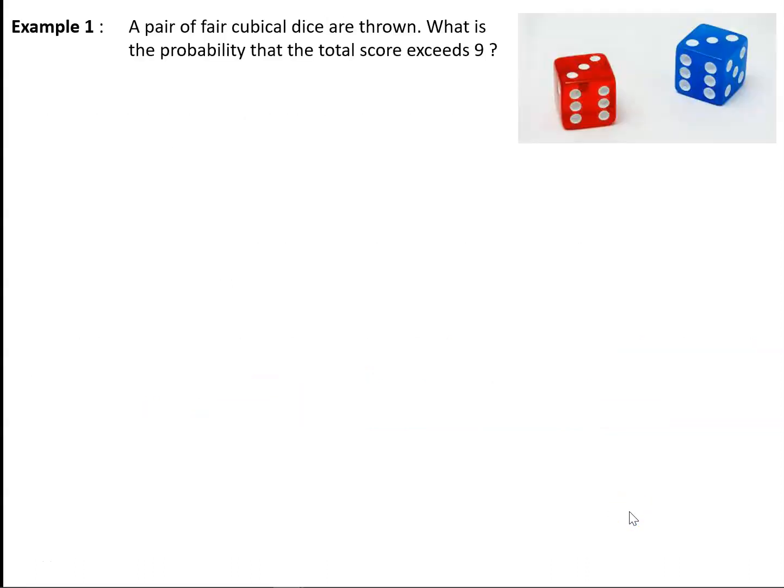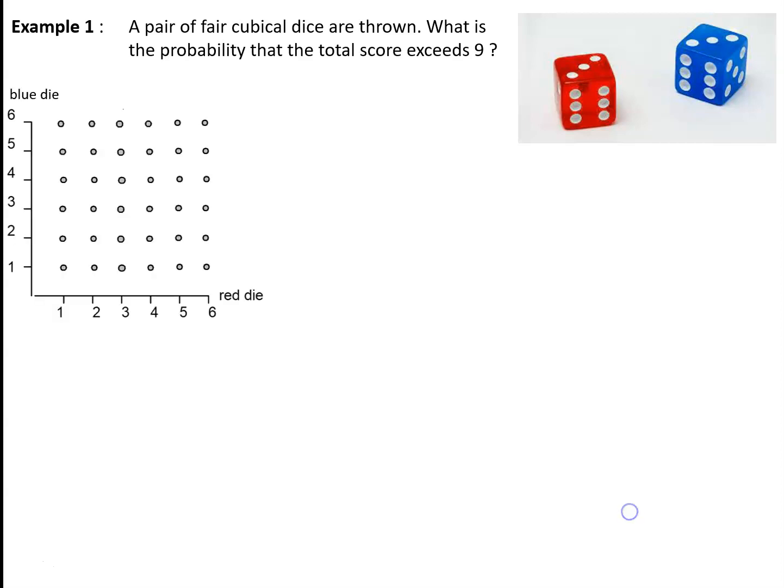So, if we consider the experiment where a pair of normal fair cubical dice are thrown, what is the probability the total score exceeds 9? Well, all of the possible outcomes of the experiment can be shown in a diagram, a bit like a graph, where each dot represents one possible outcome.